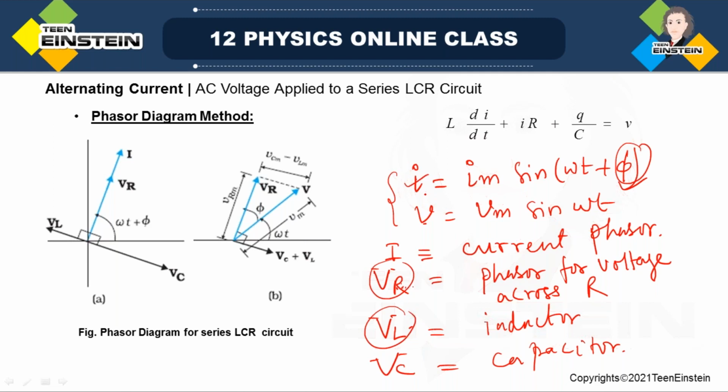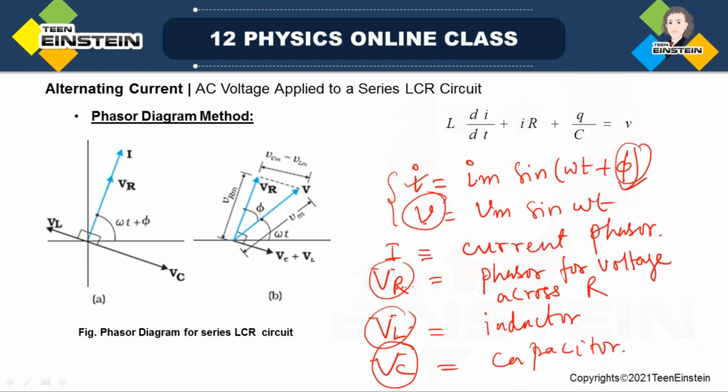Similarly, since this is the current, there will be a phase difference of 90 degrees between the current and VL, and again 90 degrees with VC. Since my current is omega t plus phi, we have to go with that.